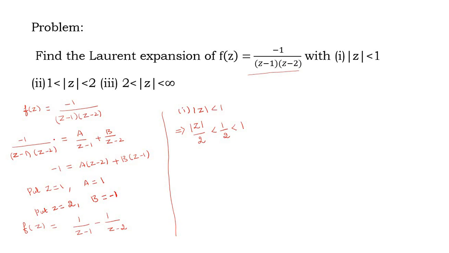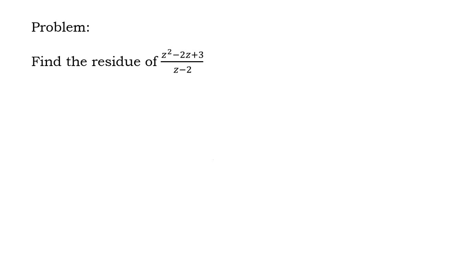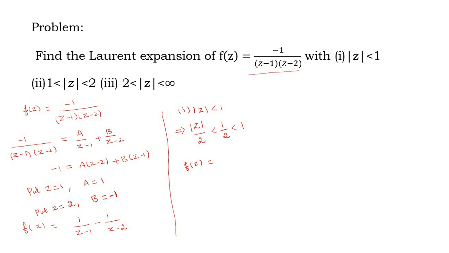Therefore we may write f of z equal to 1 divided by (z minus 1), and the second one minus 1 divided by (z minus 2).